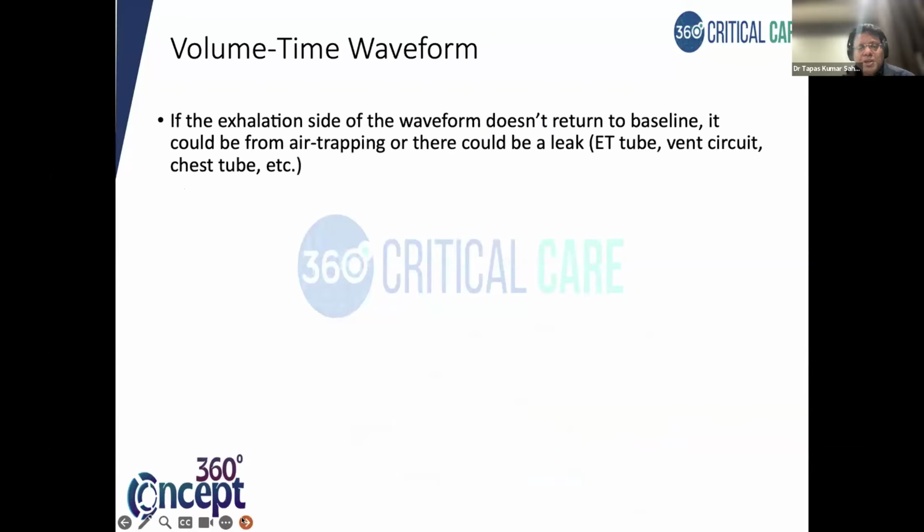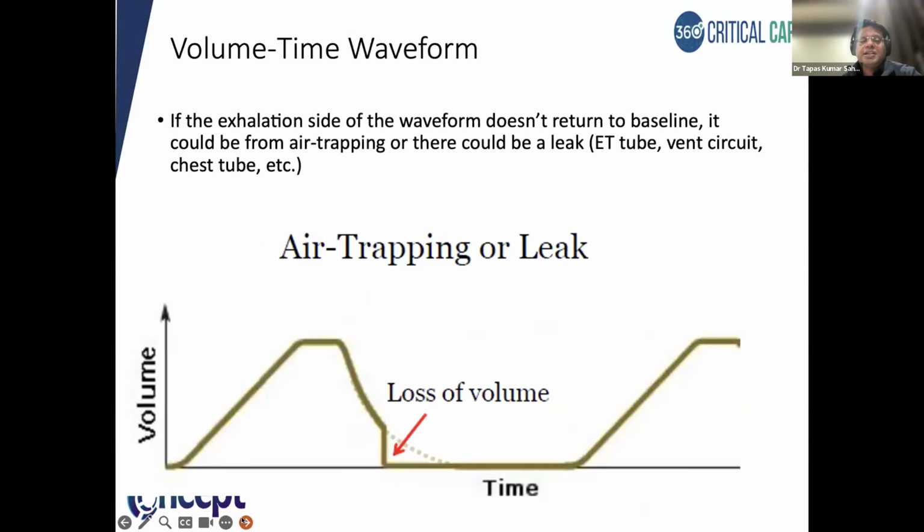Now, if the expiration side of the waveform doesn't return to the baseline, it could be from air trapping or could be due to a leak, like an endotracheal tube leak, cuff leak, ventilator circuit leak, or if there is a chest drain, maybe there is some amount of leak happening in the chest drain.